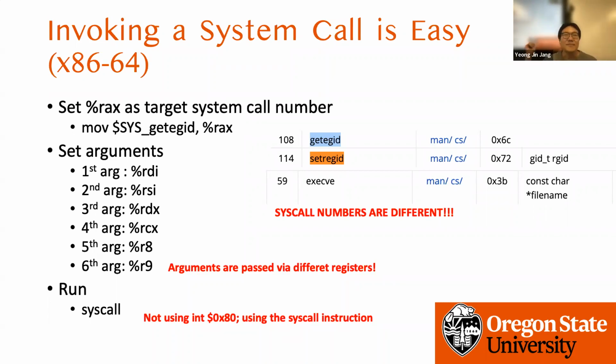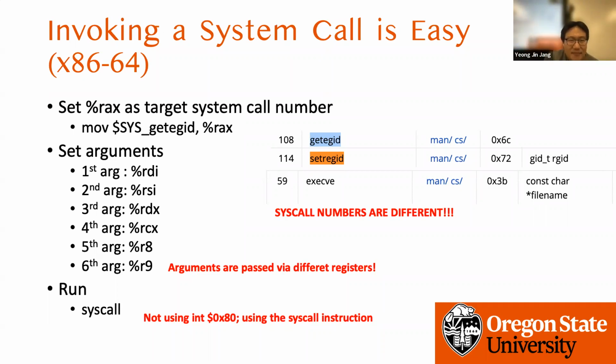The AMD64 architecture was developed around 2001 to 2003, which means the CPU architecture was born after modern operating systems were there. So they don't use the weird instruction interrupt 0x80 to make a system call. There's an instruction called syscall. So in 64-bit, we will use syscall to invoke the system call. It's a more human-friendly assembly, right?